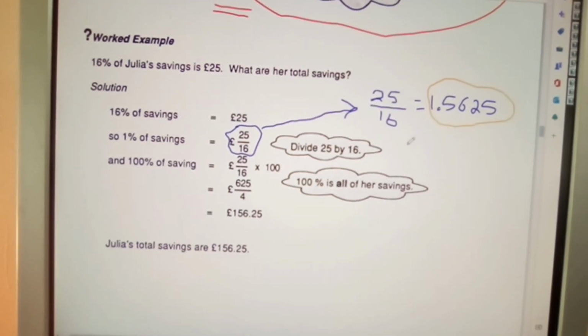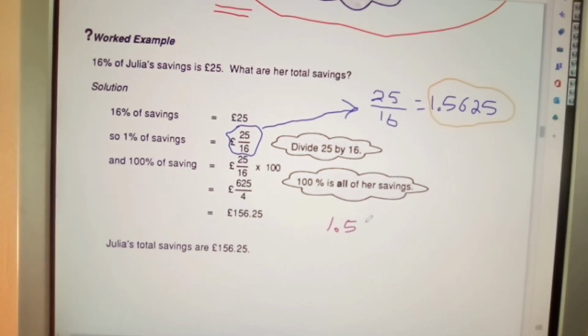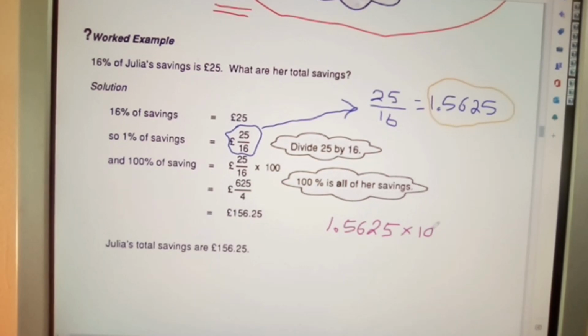So we're then going to take 1.5625 times 100 equals.